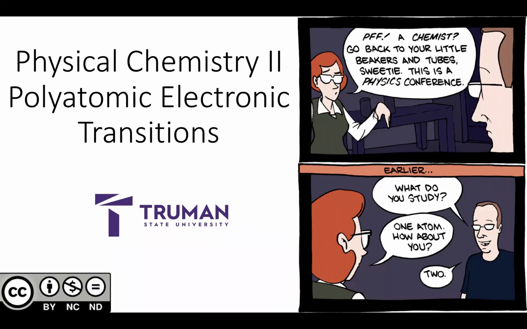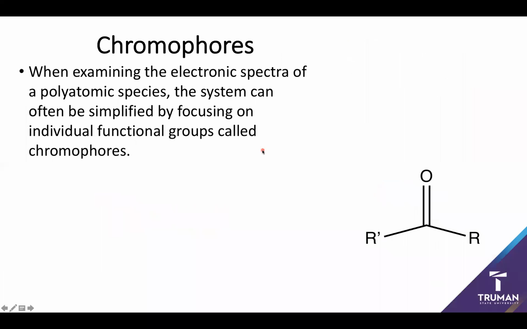So, today we're going to be taking a look at our electronic transitions and trying to broaden out to take a look at what these look like on more of a polyatomic level. And it turns out that most of the times when we're trying to treat molecular electronic transitions, we tend to actually work on it by focusing in on smaller subportions.